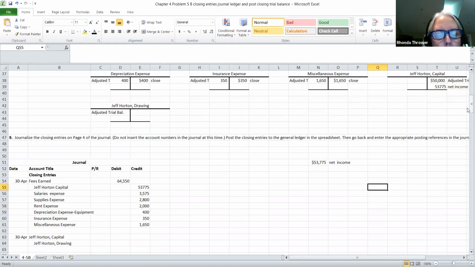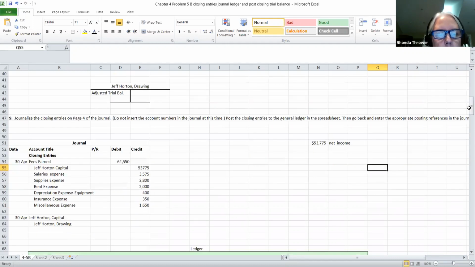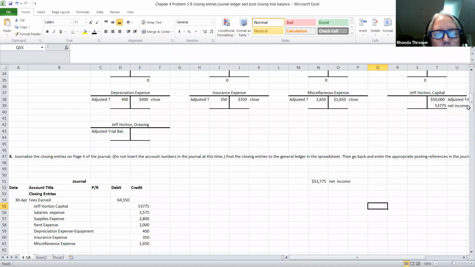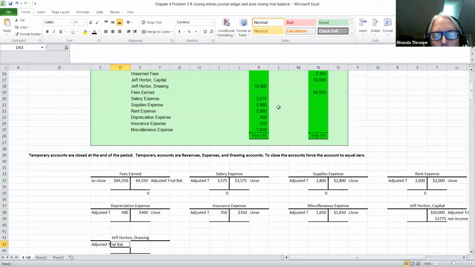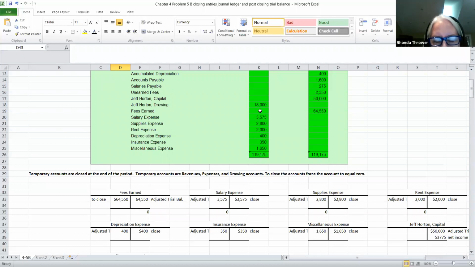There are always two closing entries that you prepare. The second closing entry will be to reduce your drawing account to zero. Remember, we closed out our revenues and all of our expense accounts. Now it's time to close out the drawing account. The drawing account, from the trial balance, we can see that the drawing account has in it 18,000.